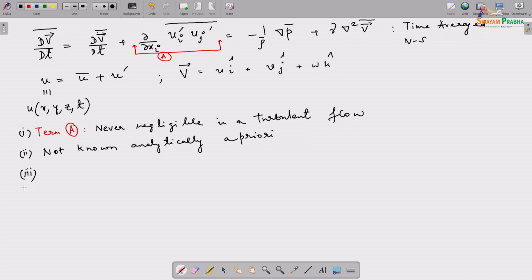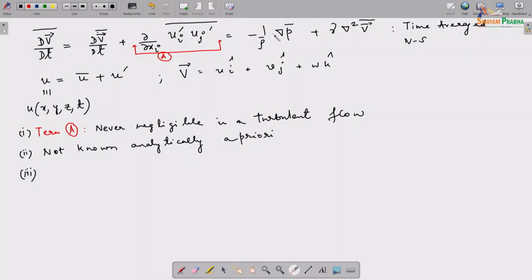Now, because of this time averaging, the equation that we have landed up with has thrown us several components which were not there earlier. This is a term which we didn't have earlier on. It is coming in because of the time averaging, and we're using this for a turbulent flow, right?